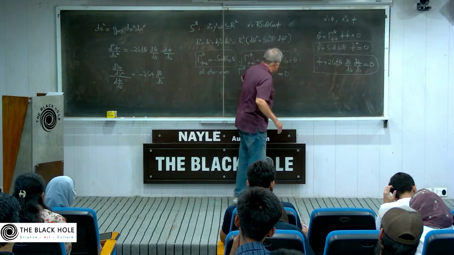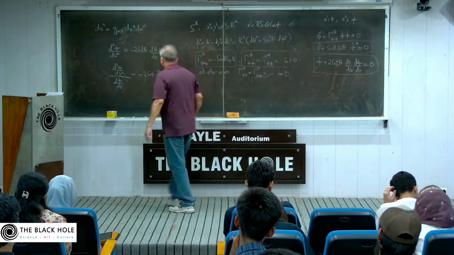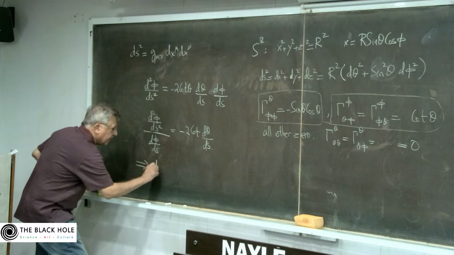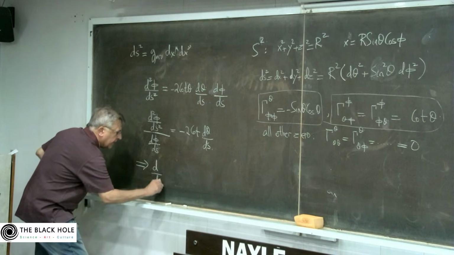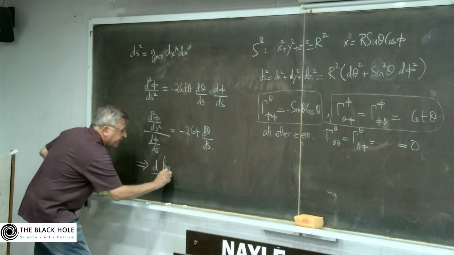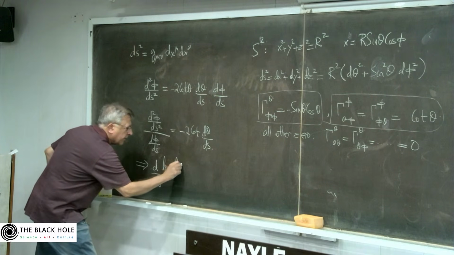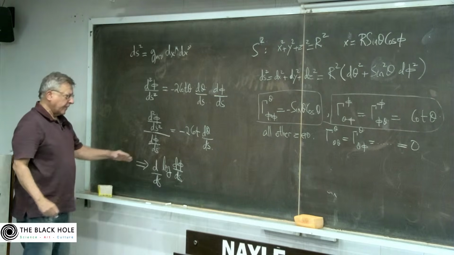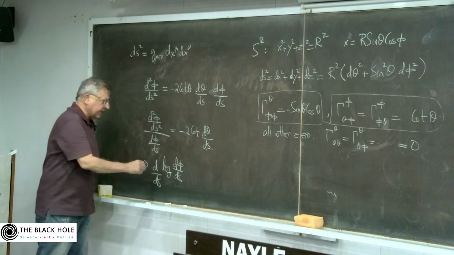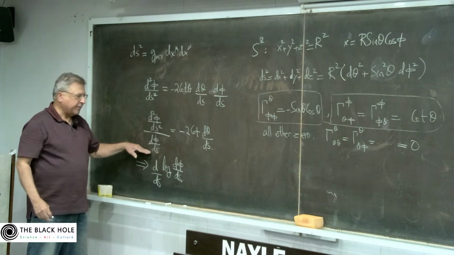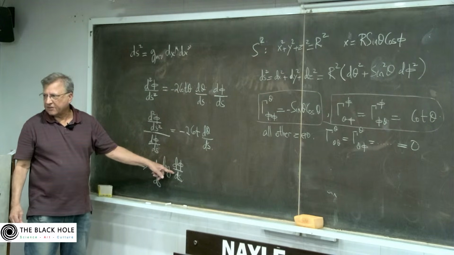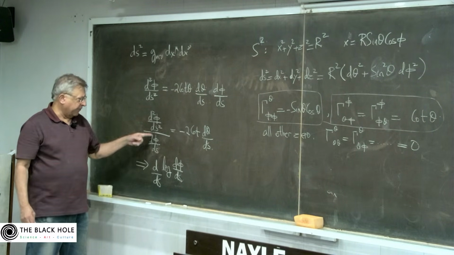So I'm going to use the same logic here. I'm going to say that this is d by ds of log of d phi by ds. Because if I differentiate this, I will get 1 over d phi by ds in the denominator, and then I have to take the derivative of this by the chain rule, that's d2 phi ds squared.